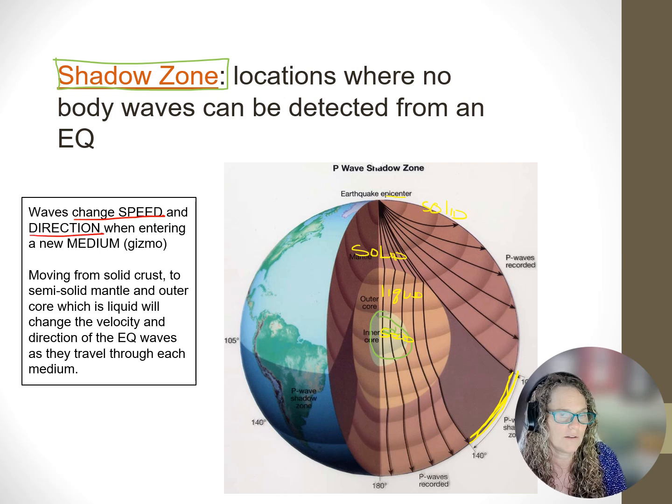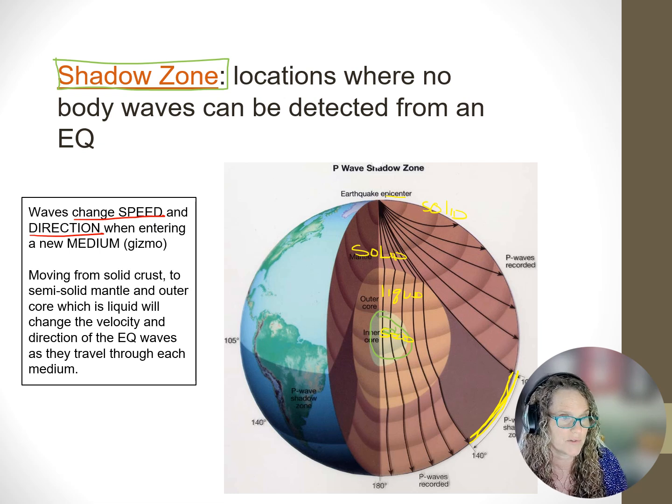So if they're going from sand to rock, those are different mediums. If they're going from rock to agricultural soil, through an ocean crust, through water, those are all different kinds of mediums. Different particles of matter make up different layers of our planet. And so every time that happens, we change the speed and the direction that the earthquake wave is moving in.